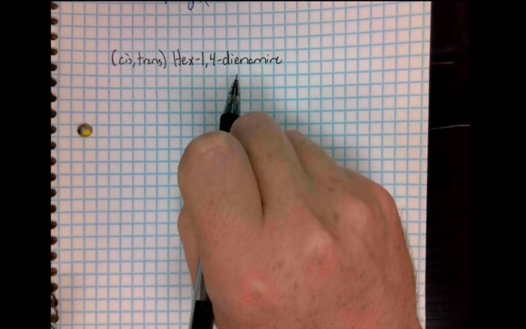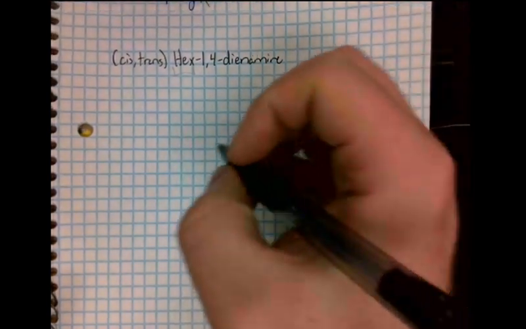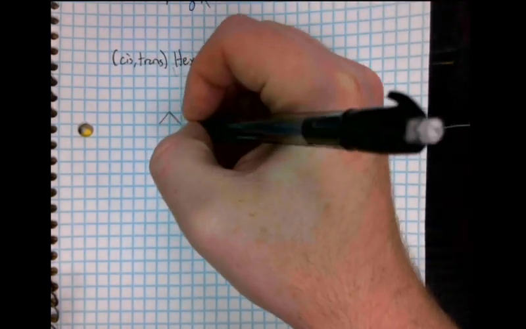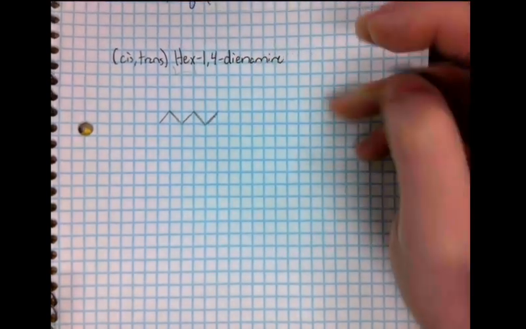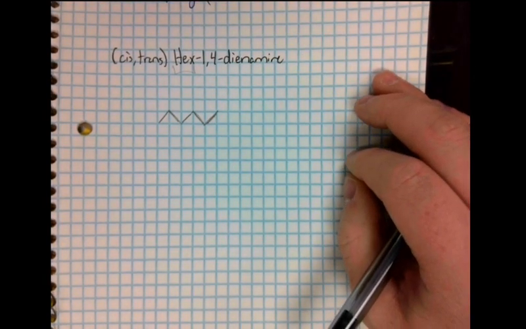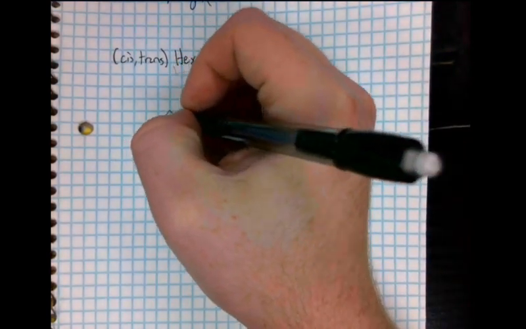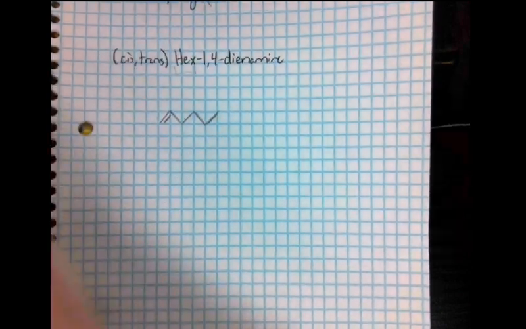Okay, so first thing I'm going to do is I'm going to see this hex, and that hex tells me that there are 1, 2, 3, 4, 5, 6 carbons as my parent chain. There is a double bond on position 1.